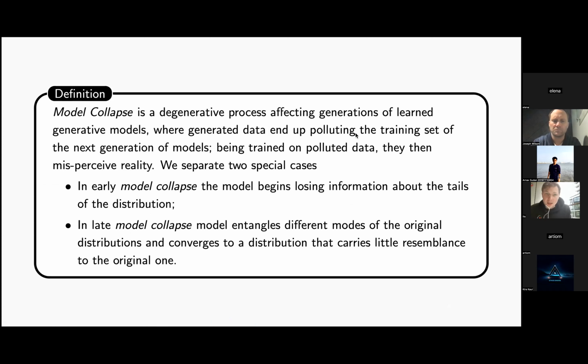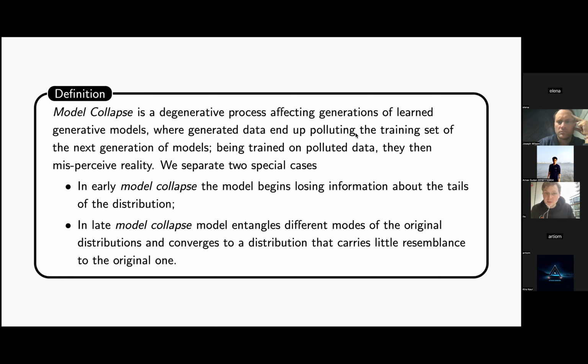So in the paper, we talk about model collapse, and we define this as a degenerative process which affects generations of generative models, where generated data of one model ends up being consumed by a subsequent model that is in turn generating more data and more data. You can think about this as polluting the ecosystem with more and more data.